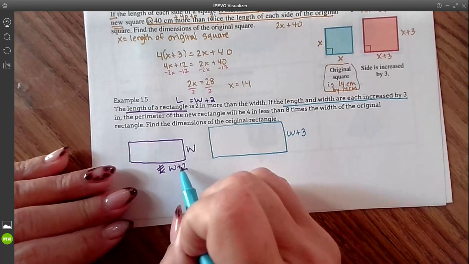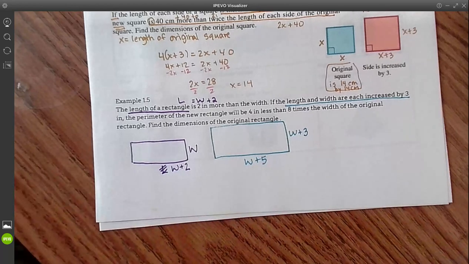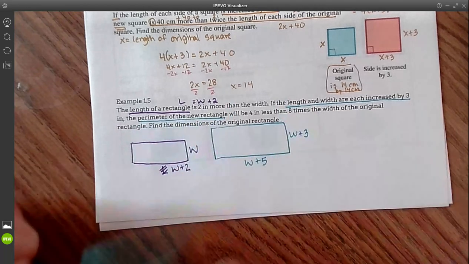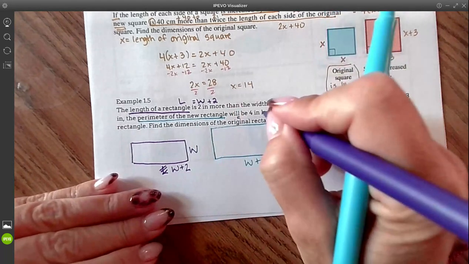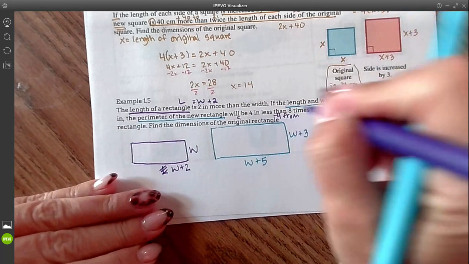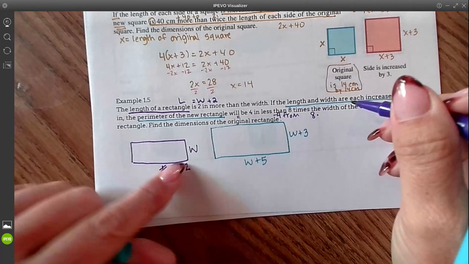So w plus 2 plus 3 would be w plus 5. So once I've done that, the perimeter of the new rectangle will be, that's another equals, 4 inches less than, which means subtract 4 from, 8 times the width of the original rectangle, which is w.